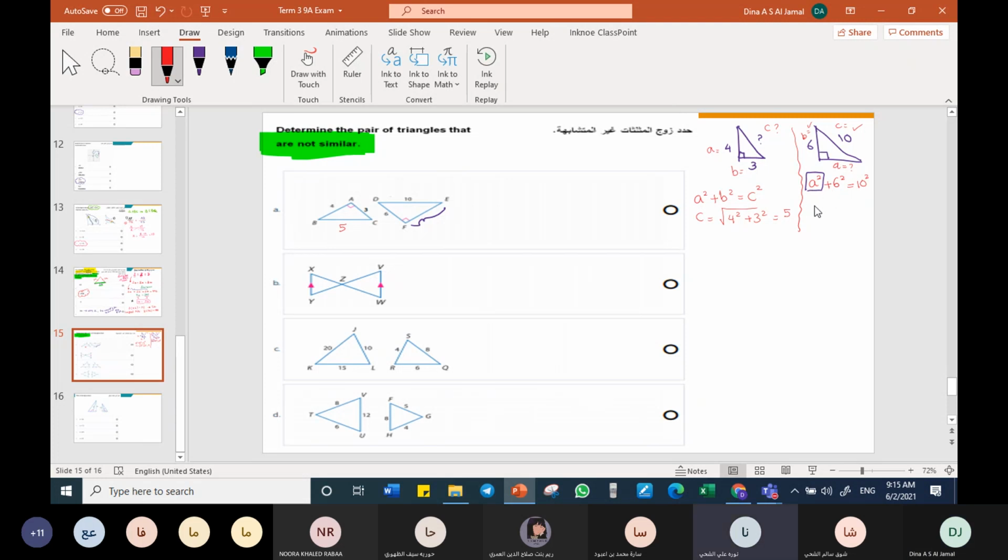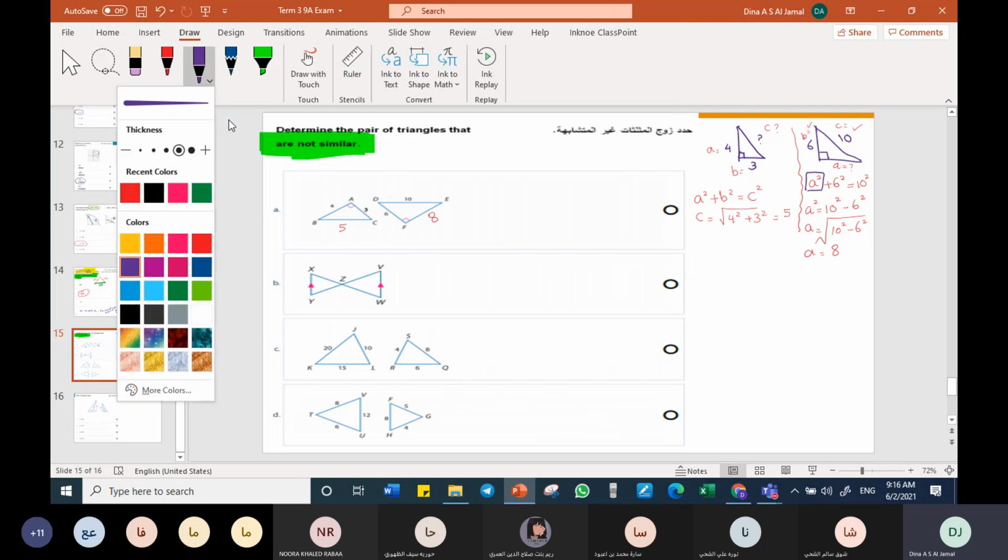A squared equal to 10 squared minus 6 squared. Excellent. I want my A alone. Take the square root of 10 squared minus 6 squared. What will be your A? 8.